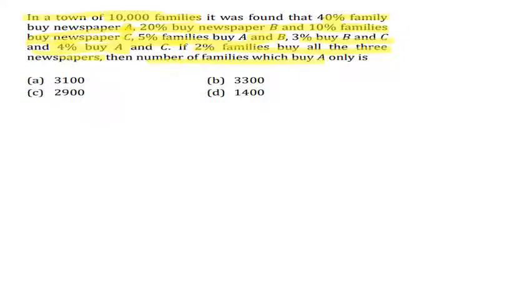Then the number of families which buy A only is: option A 3100, option B 3300, option C 2900, and option D 1400.